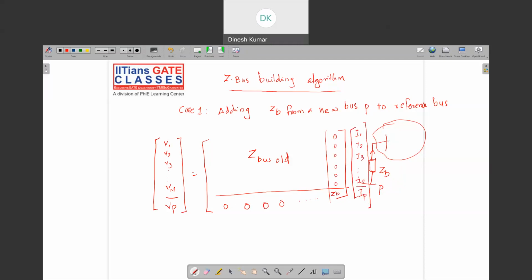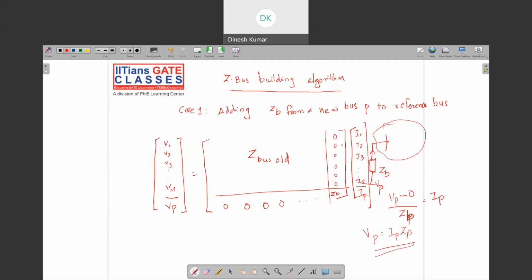Because this is the reference bus, if you write KCL here, Vp minus 0 divided by ZB equals Ip. What we are connecting is ZB. So Vp equals Ip into ZB, right?